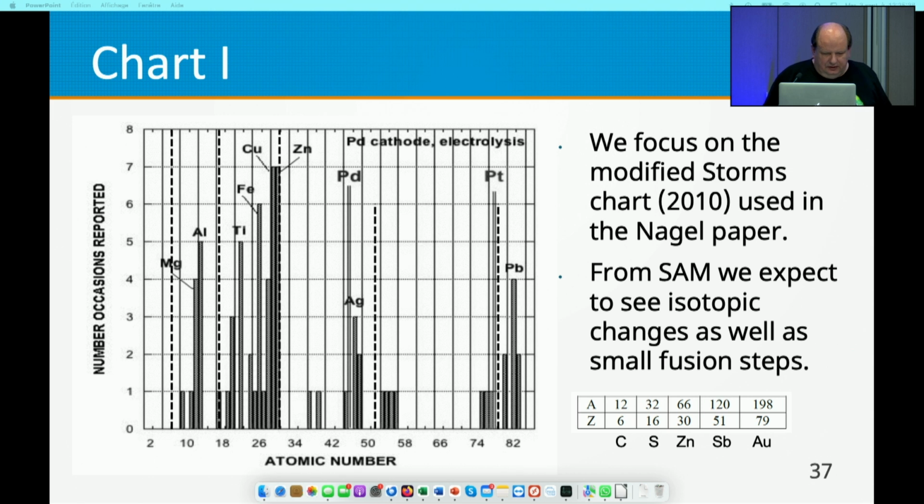We see it also very prominently around copper. So what we think happens is that all those metallic elements in those experiments are subject to this process, where we might have a little bit of a fusion process, which might be stable.